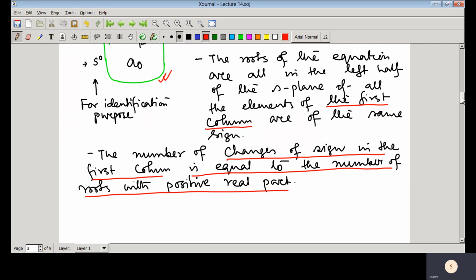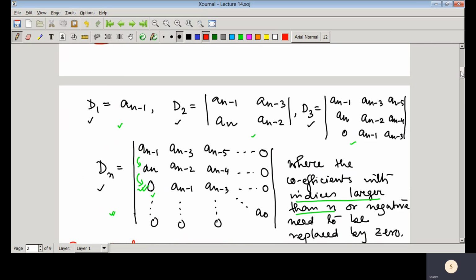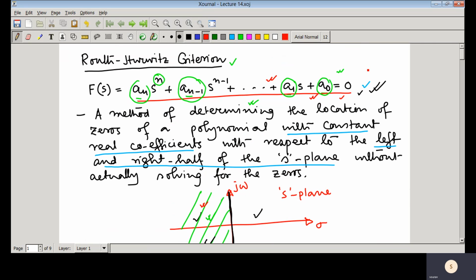So let me just summarize what we have done. We started with this particular polynomial, and we are interested to see how many roots of that polynomial are in the left half of the S plane or right half of the S plane. If the roots are in the left half, the system would be stable. In the last lecture, we discussed the necessary condition.